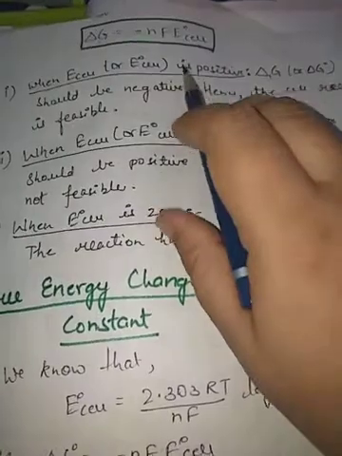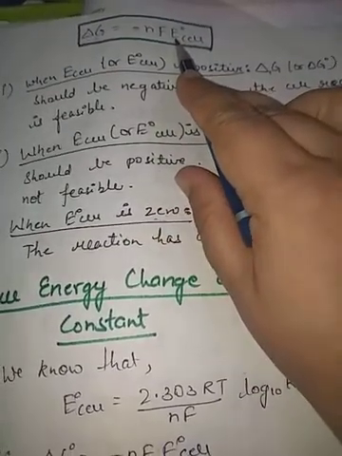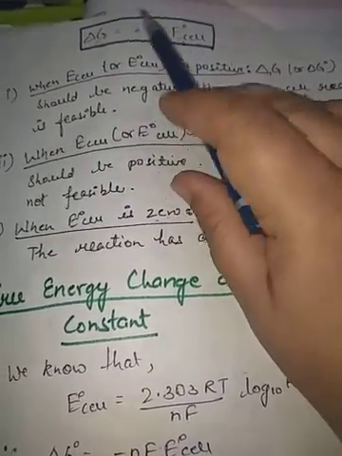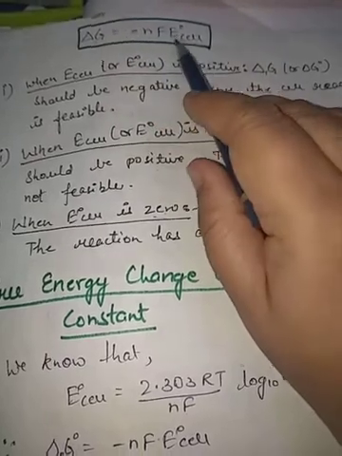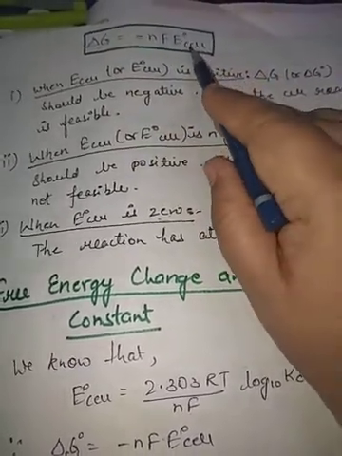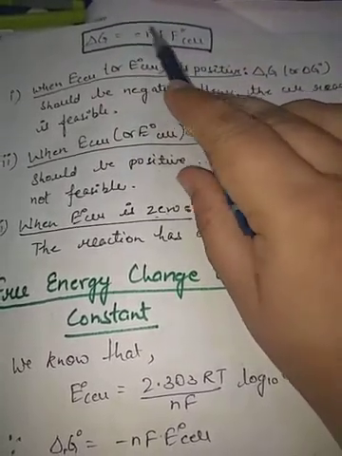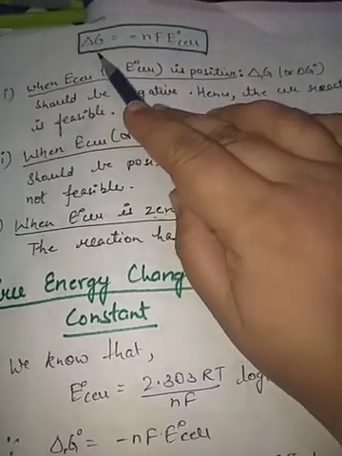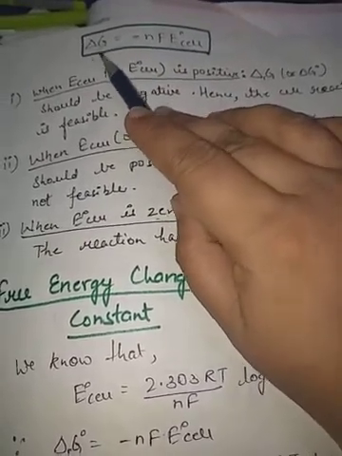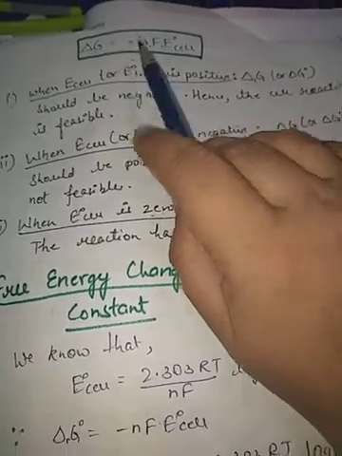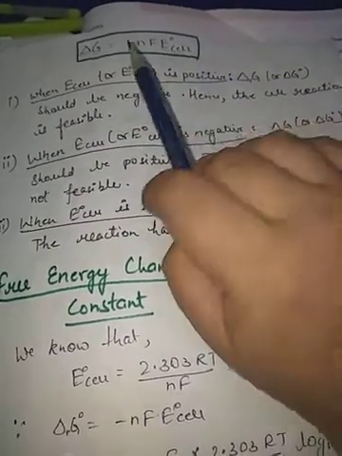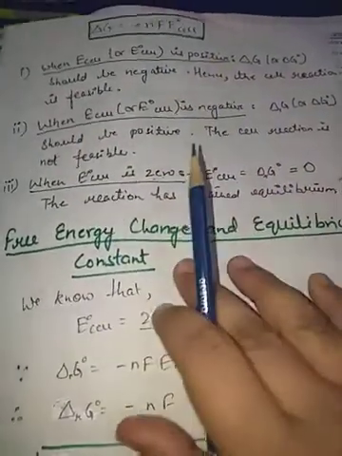So if E naught cell is positive, delta G is negative and the reaction is feasible. If E naught cell is negative, delta G should be positive and the reaction is not feasible. It means no flow of electrons will take place, no reaction will occur between the two electrodes.